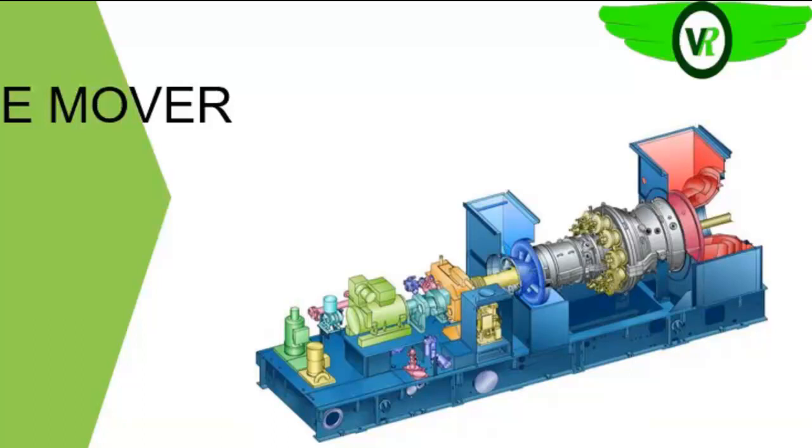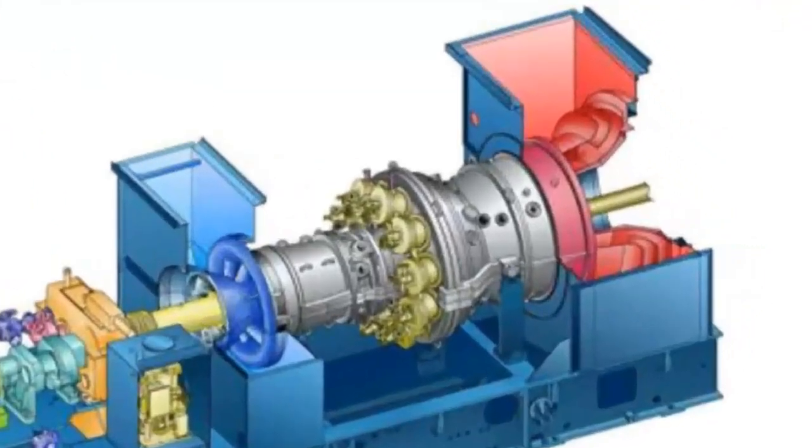What happens is that air is drawn into the turbine through the compressor section, and that air is compressed there. The compressed air is then sent into the combustor, where fuel is injected into it. The mixture of compressed air and fuel is ignited in the combustor.